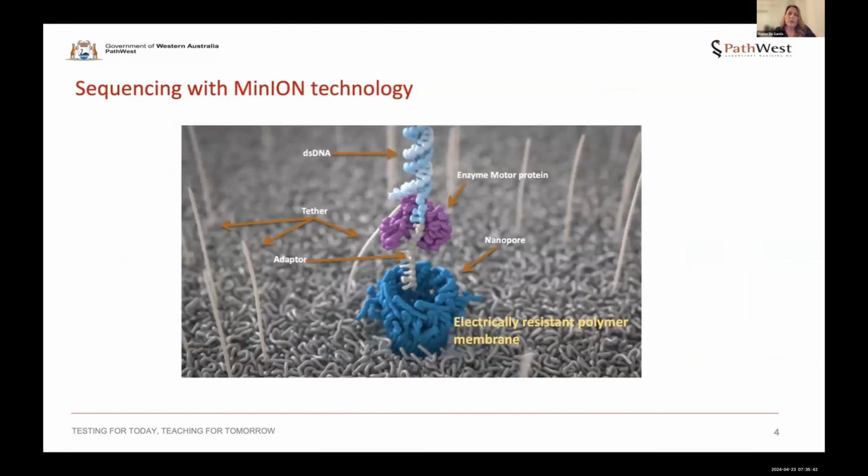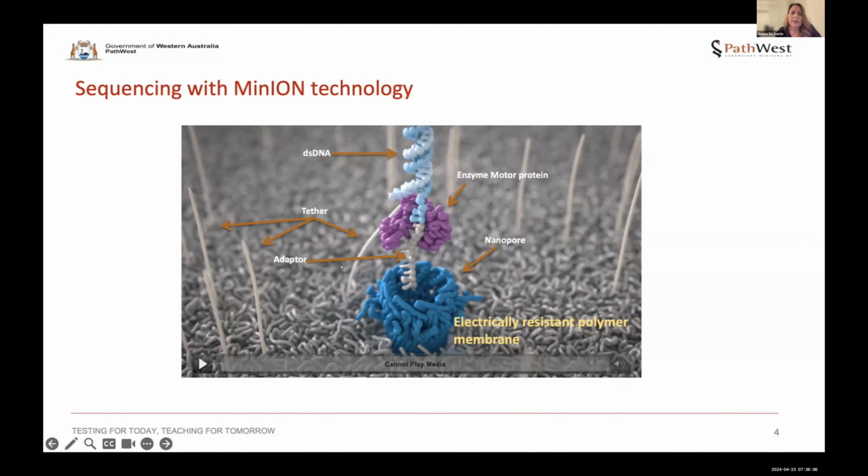And so just a bit about sequencing with MinION technology and how it works. So shown here is the double-stranded DNA, which is ligated with an adapter. The nanopore here is shown in blue. So it's a protein nanopore that sits in an electrically resistant polymer membrane.